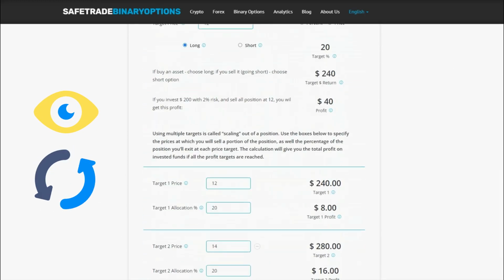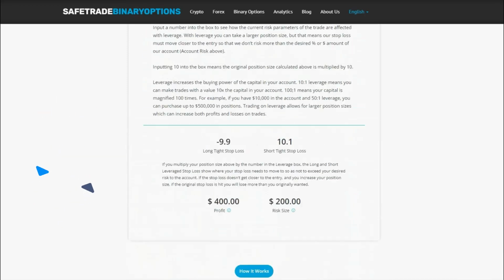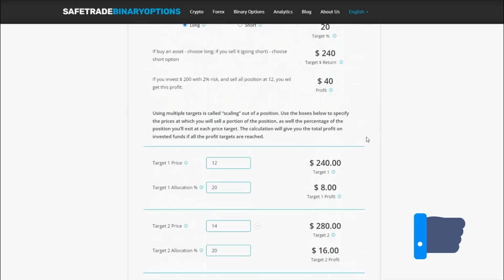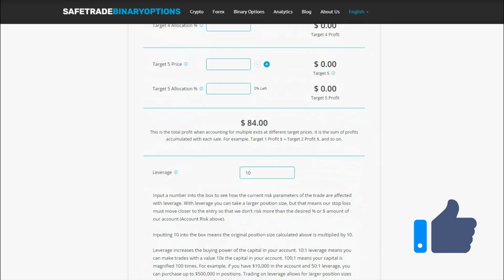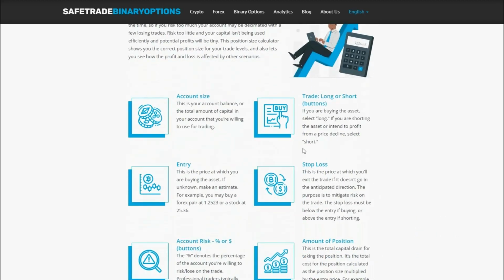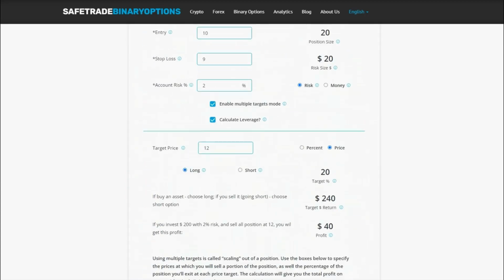Plug in different numbers, see how it works, and if you run into any trouble, there are little pop-ups everywhere that you can find out more information about what something means. There are also explanations, and at the bottom, you will also find additional things that just tell you what all these things are, how to use them, each one of these metrics, why they're important.